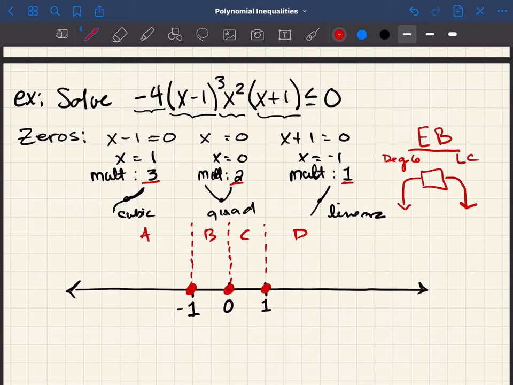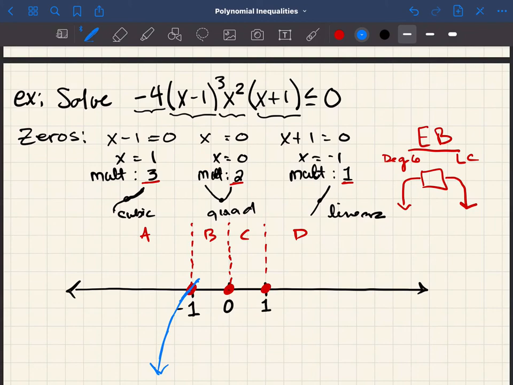So let's go and get a nice sketch of our polynomial. So let's start with section A. Section A, we know that we have to be trending down. Now at -1, we do have a multiplicity of 1, so we know that this is just going to go through linearly, and we know that we're going to have a sketch going down.